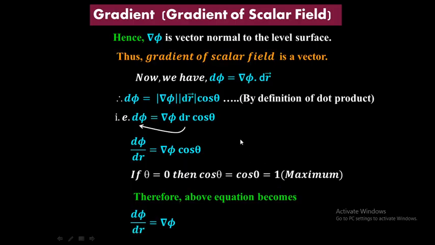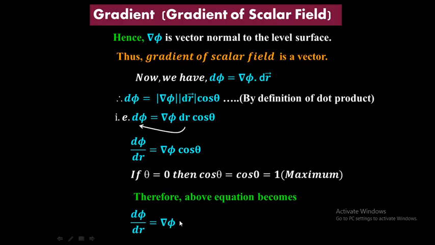So when cos theta is maximum, this gradient of scalar field is equal to d phi by dr. The gradient of a scalar field is a vector whose magnitude equals the maximum rate of change of the scalar function, and which is in the direction of maximum rate of change of the same function. This is the second physical significance of the gradient of a scalar field.